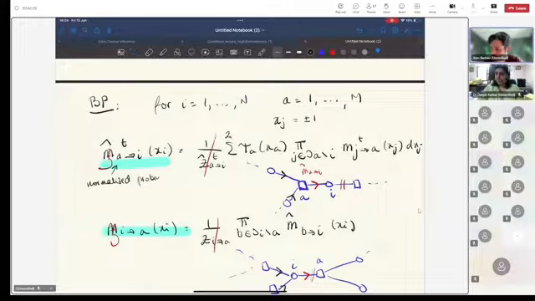Then the number of terms you would have to sum over is 2 to the power of the cardinality of the neighborhood of the factor psi a, minus 1, because you're summing over all these xj's that are connected to the factor a, except 1. You're not summing over xi.